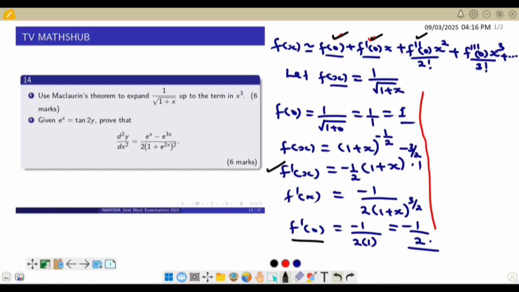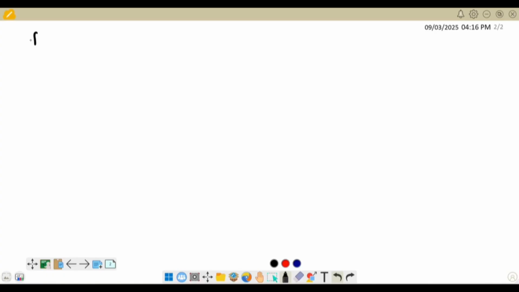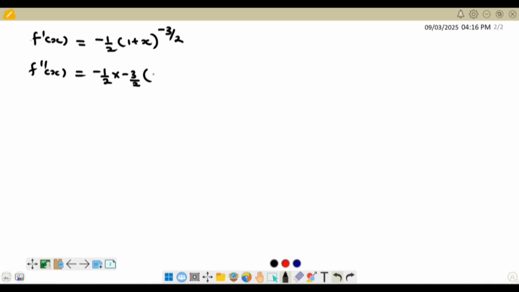Looking at f derivative of x as negative a half into 1 plus x to the power negative 3 over 2, we shall now get f double derivative of x, and this will be the same as negative a half times negative 3 over 2 into 1 plus x to the power of negative 5 divided by 2.